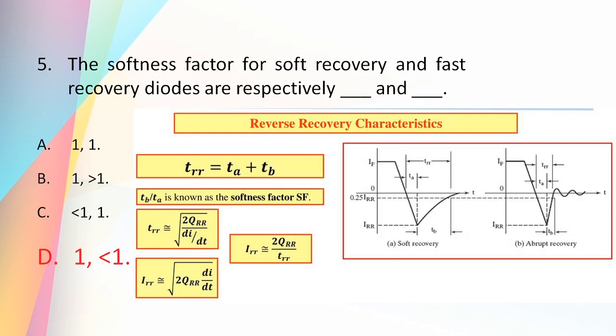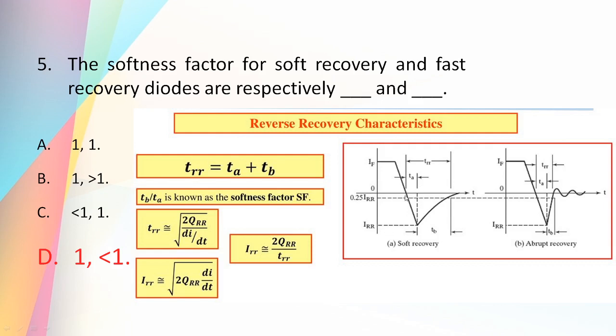The ratio of the time interval from maximum reverse recovery current to 25% of peak current, to the time interval between zero crossing of the diode current to reach the reverse peak current, is called the softness factor of a diode. That is TB by TA. So this TB is the time from peak to 25% and TA is the time from 0 to IRR, that is the maximum of reverse recovery.